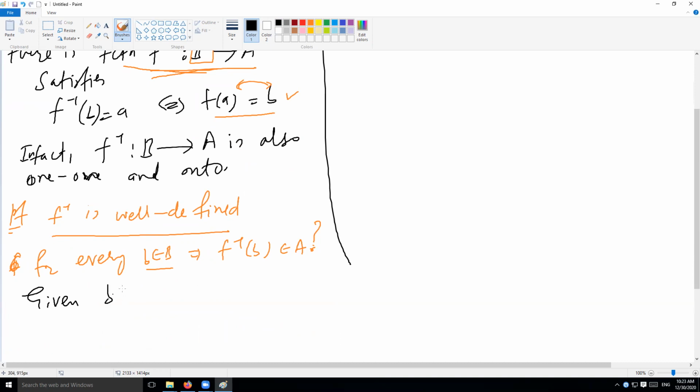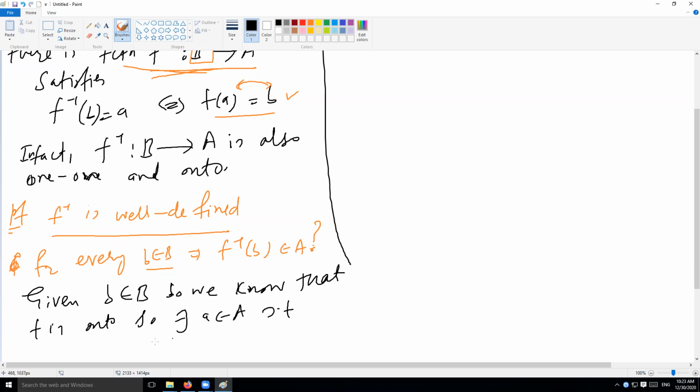Given is that b is in B. But we also know that f is onto, so there is an a in A such that b is equal to f of a.